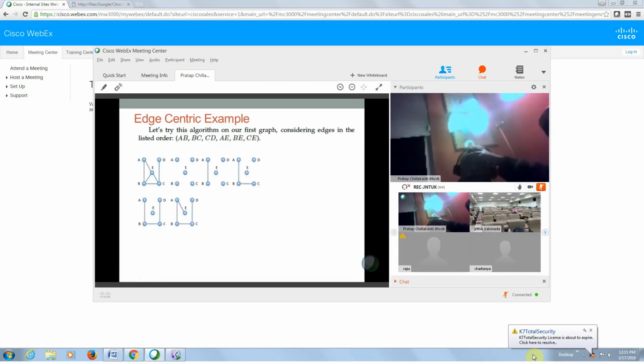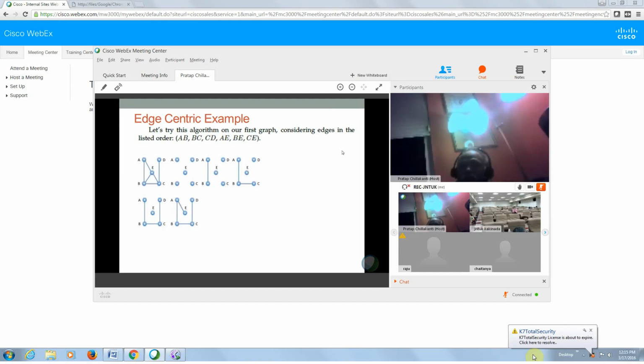So here is a tree where we are using the edge-centric example. So we are taking the edges of the tree in an order, put them in a list.